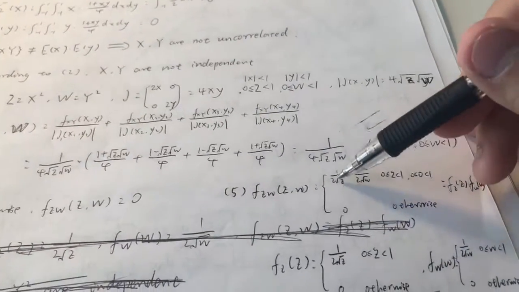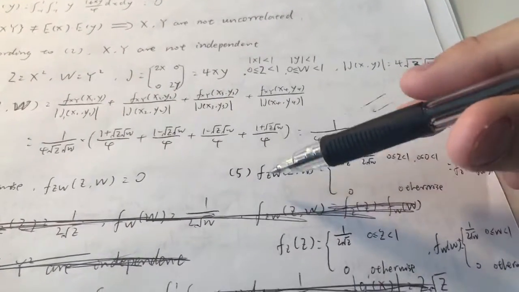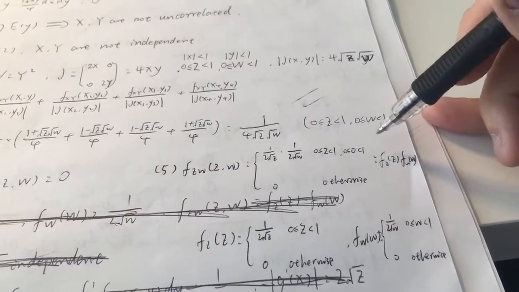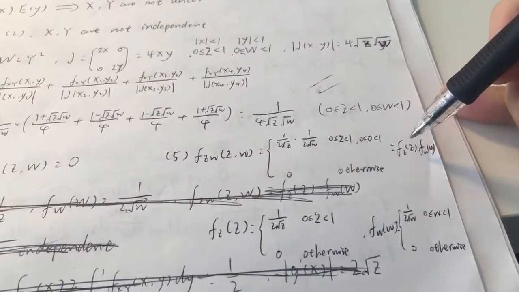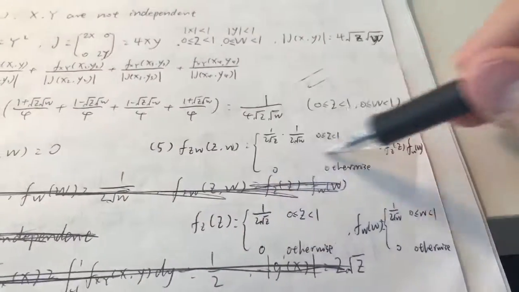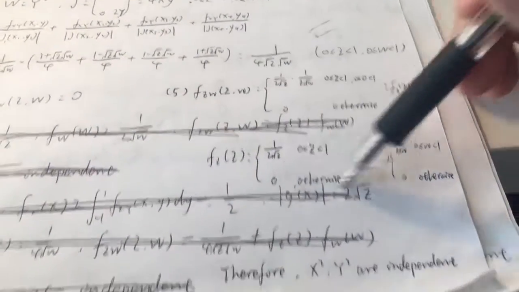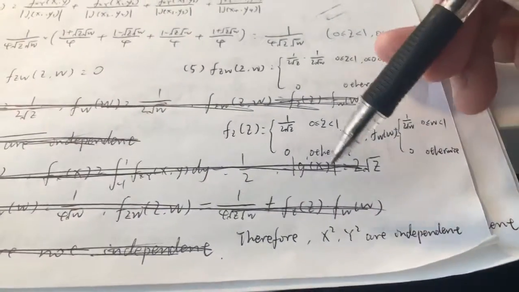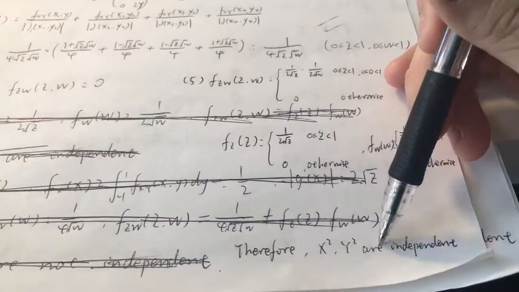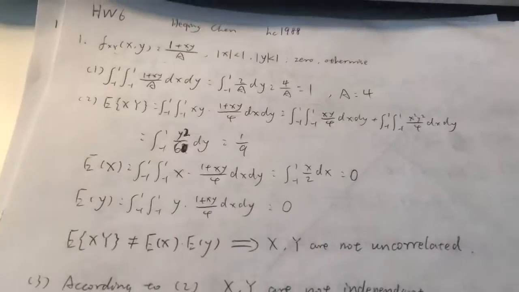So we multiply them, and we know that the joint density function of z and omega equals the density function of z multiplied by the density function of omega. So actually from this we know that z and omega are independent. So the square of x and the square of y are independent. So that's the last question, and this is the whole story of problem 1.